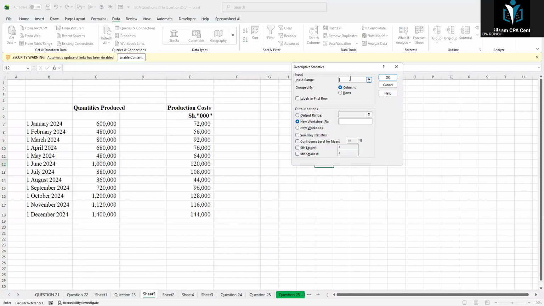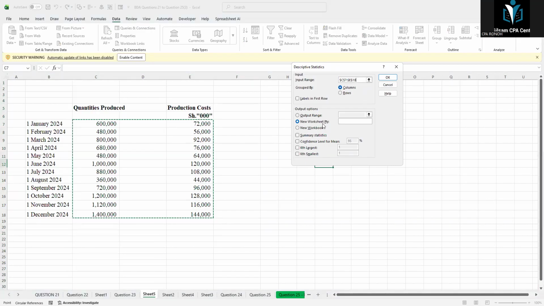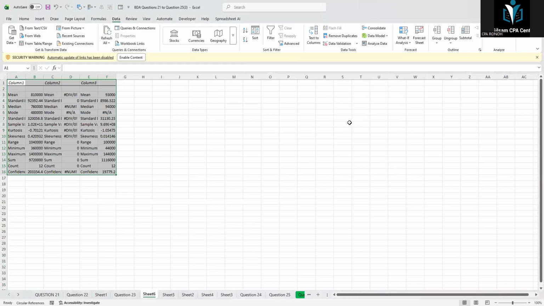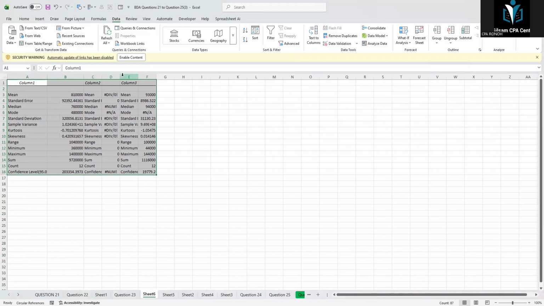It will ask you for the input range. This will be our input range. We can maintain the confidence level of 95%. Select summary statistics and click OK. So you can see the results will be provided.